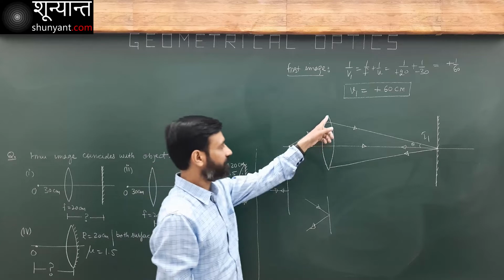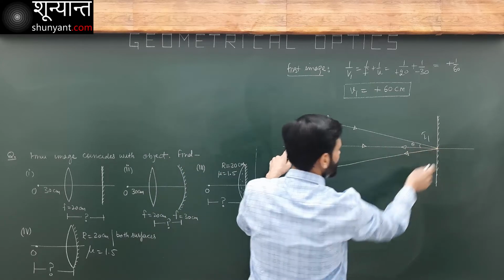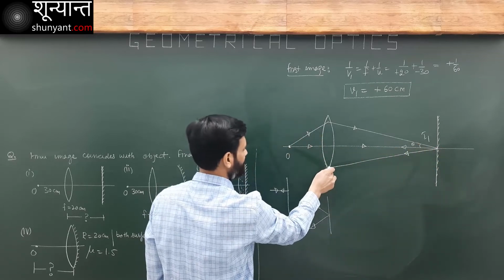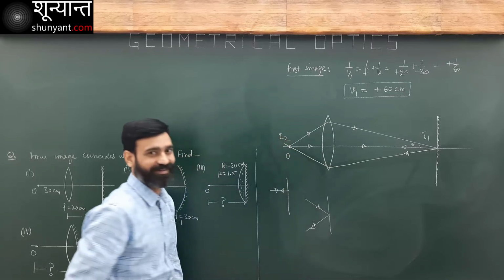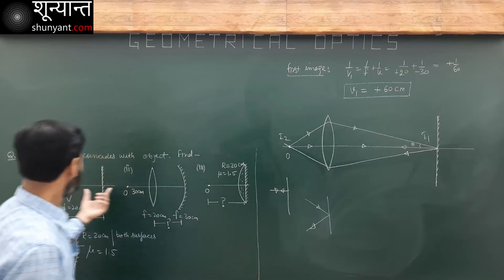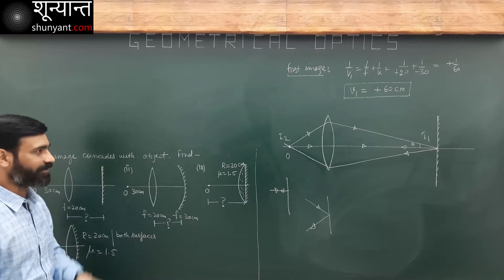Now, for this lens, this is the object, this is the image. If I keep the object here, I will get my image here. What should the answer be? Wherever the image forms, right at that point, I should keep my plane mirror.